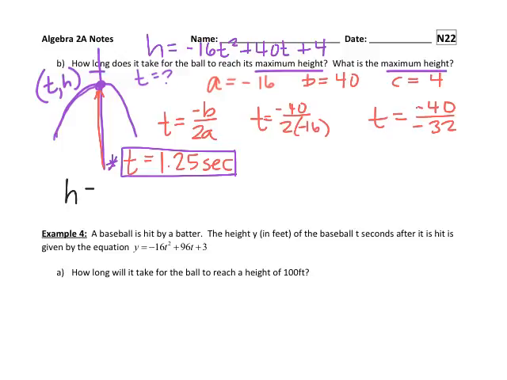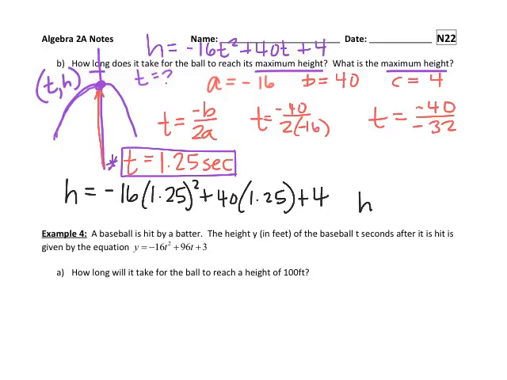The height is going to be calculated by taking negative 16 times 1.25, and we're going to square that, plus 40 times 1.25 again, because that's where time appears again in our equation, plus 4. And when I do that, I use my calculator and plug it all in. The height is going to be 29 feet.